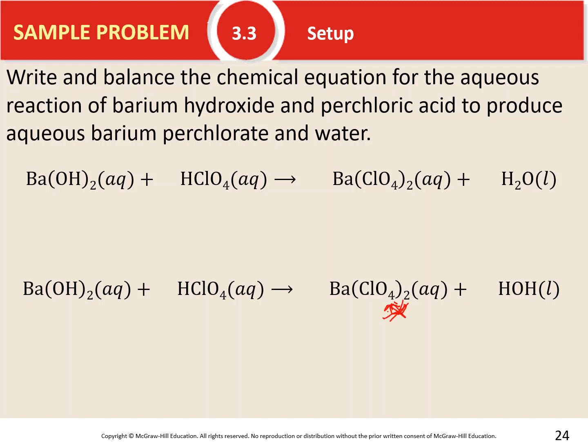They're not related because remember, the 4 is attached to that perchlorate, and that perchlorate is a whole entire entity in and of itself. All I'm saying is that this barium, in some way, shape, or form, has 2 perchlorates attached to it.